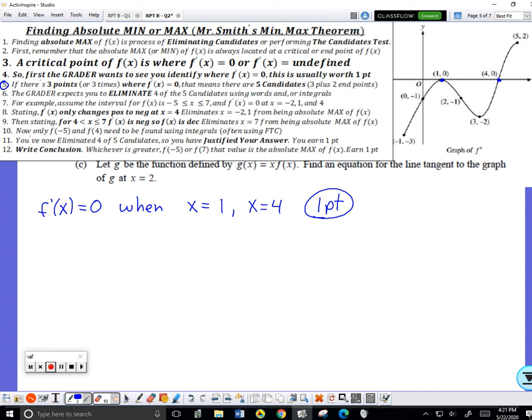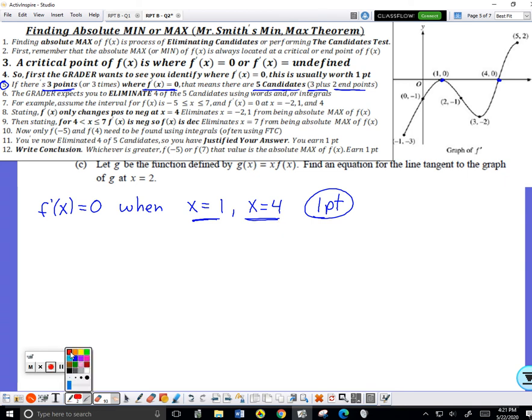And it says, if there are 3 points, in my case there are 2 points where f prime equals 0. It means there are 5 candidates. 3 plus 2. In my case it's 2 plus 2. Got my 2 candidates here, plus my 2 endpoints.